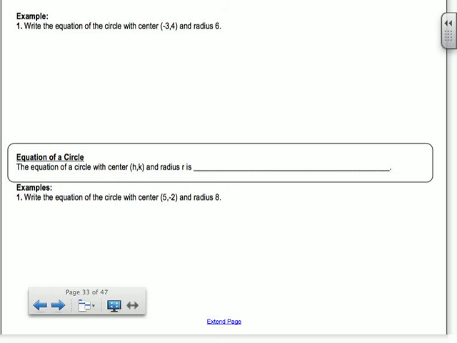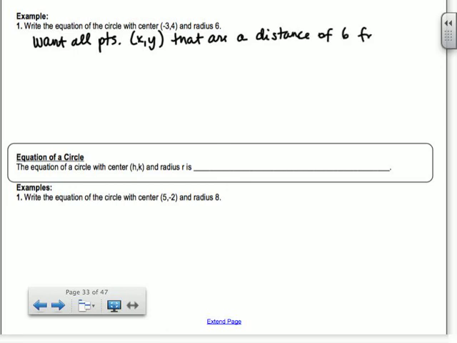Okay, so we want all the points that are an equal distance, so this distance 6, away from negative 3, 4. So we want all points x comma y that are a distance of 6 from negative 3, 4.